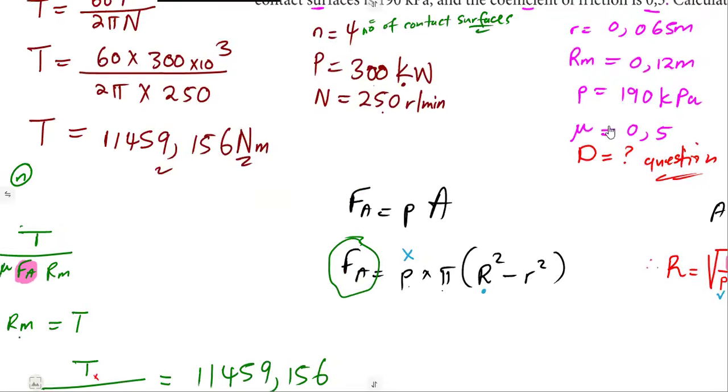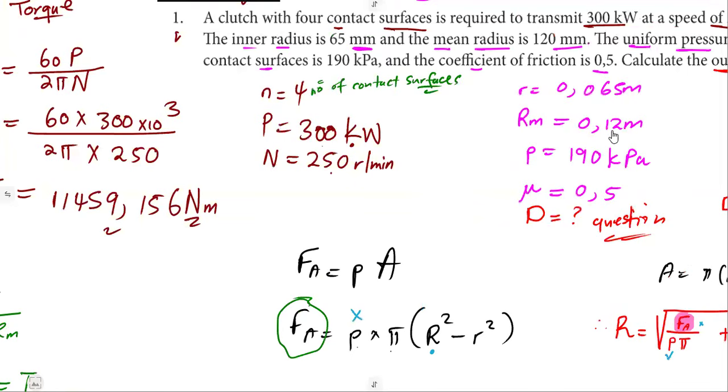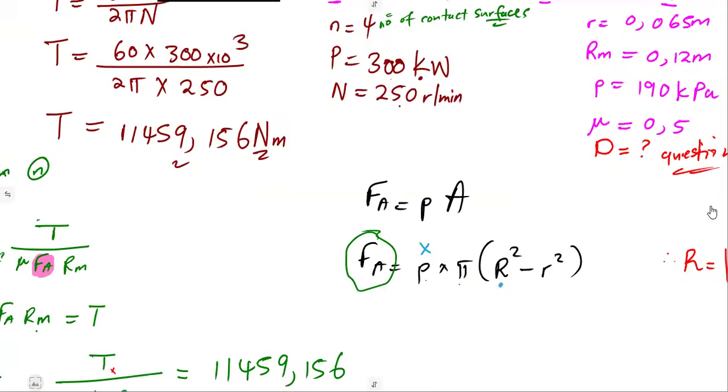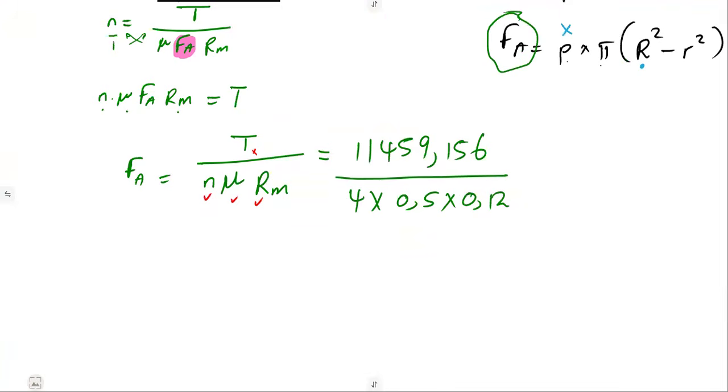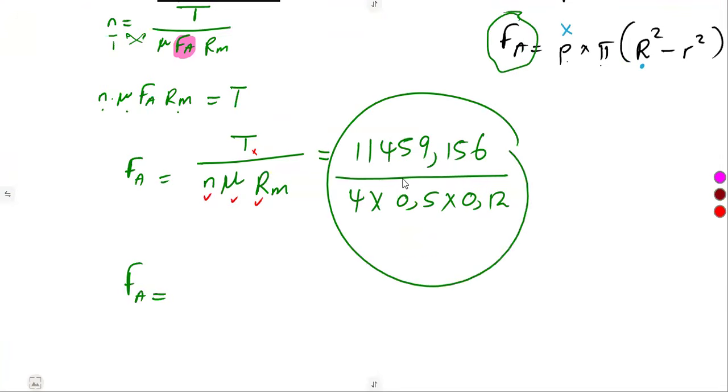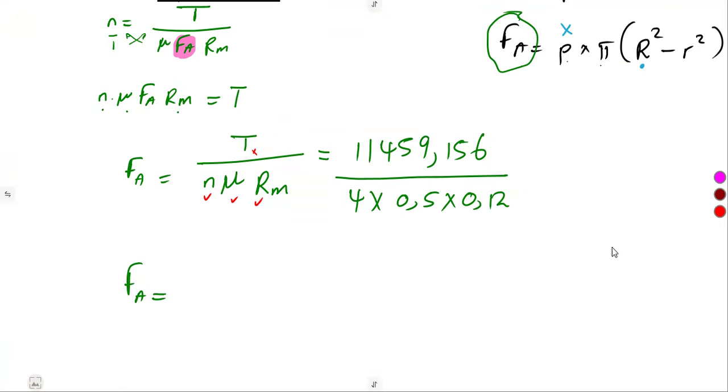Yes, we are given the mean radius in meters, 0.12. That gives us the value of the axial force, which is 47,746.483 to 3 decimal places, in newtons.